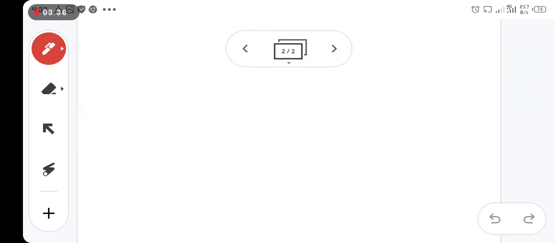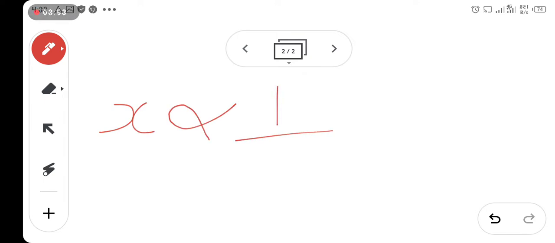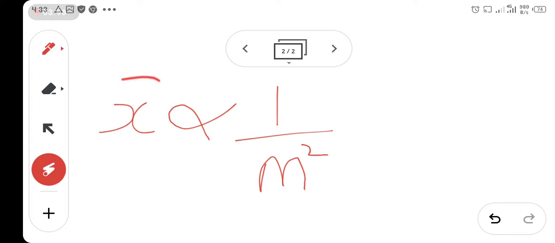If x is inversely proportional to m squared, how do we write it? We'll say x is proportional to 1 over m squared. Okay, so that's how I write it. This says that x is inversely proportional to m squared.